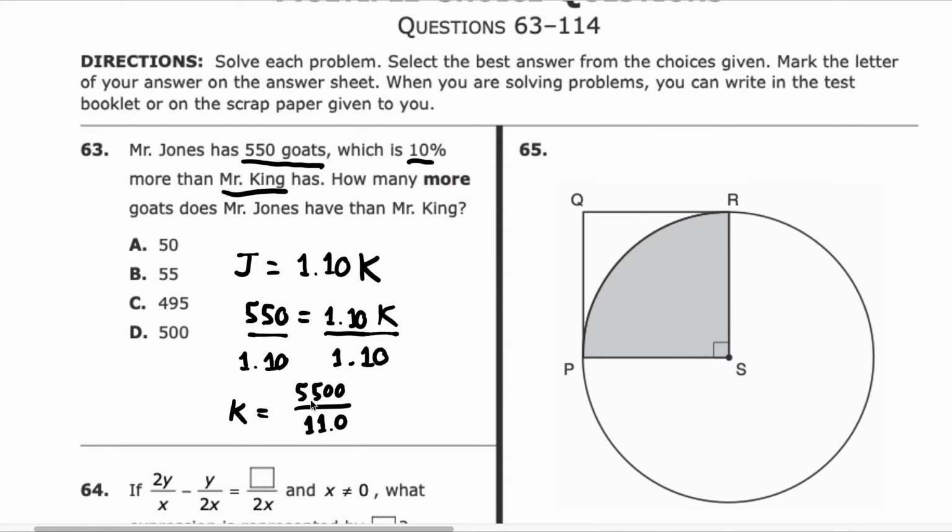And then 11 divided by 55 is just 5, so it would be 500. Okay, so we know that King has 500 goats, and we know Jones has 550 goats. We're being asked how many more goats does Jones have than King. So it would be 50. So that is answer choice A.